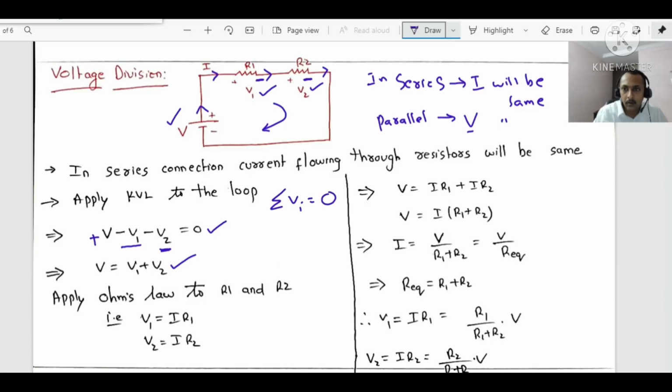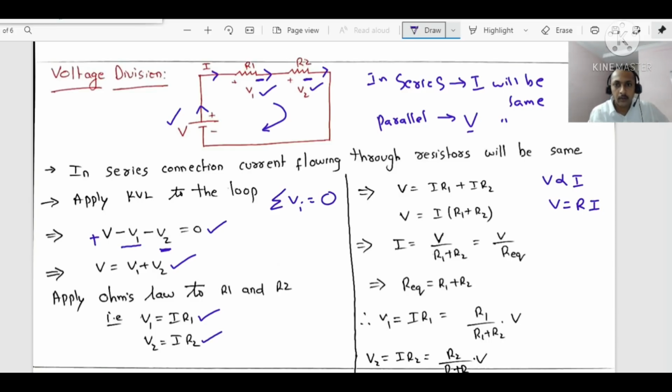Now let me apply Ohm's law. From Ohm's law, V is directly proportional to I, and V equals R I. So the voltage across R1, from Ohm's law, with current flowing I and resistor R1, is V1 equal to I into R1. V2, the voltage across resistor 2, is V2 equal to I into R2.